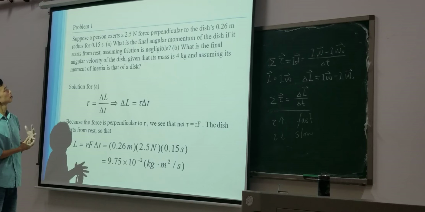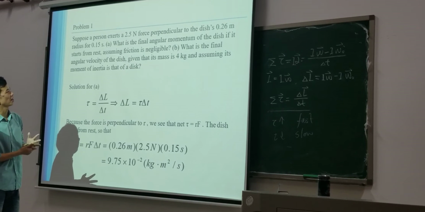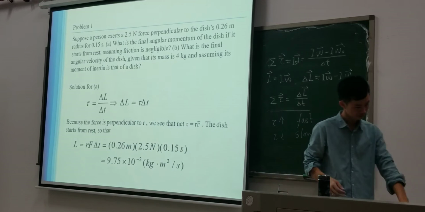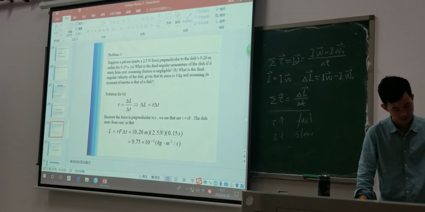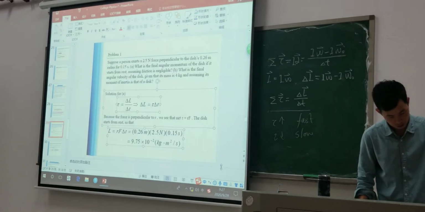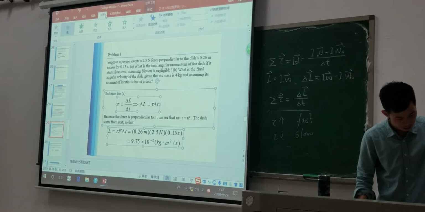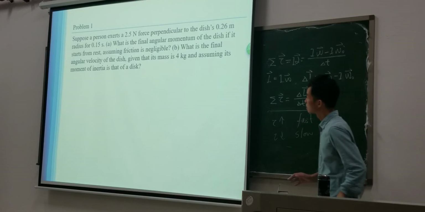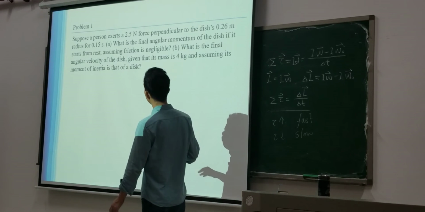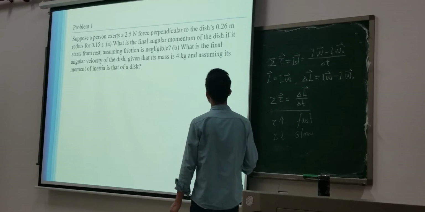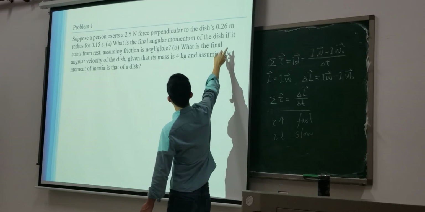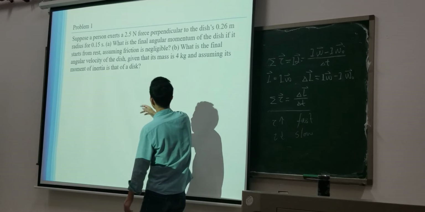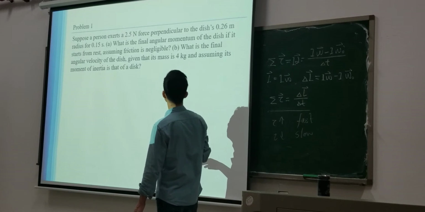The first question asks us to find the final angular momentum of the dish, if the dish starts from rest and friction is negligible.